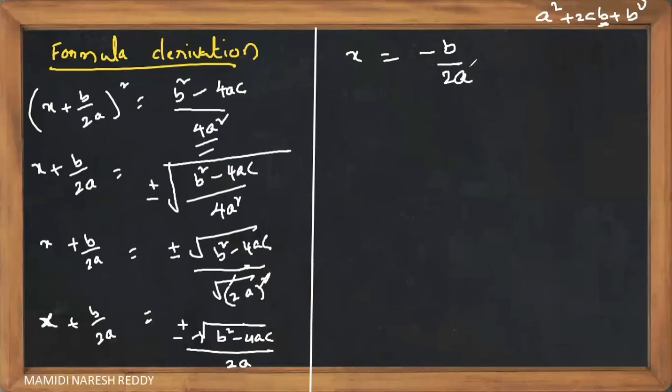Minus b by 2a plus or minus, as it is, this equation I'm writing: root of b square minus 4ac by 2a. Right, children, so x is equal to minus b by 2a plus or minus root of b square minus 4ac by 2a.